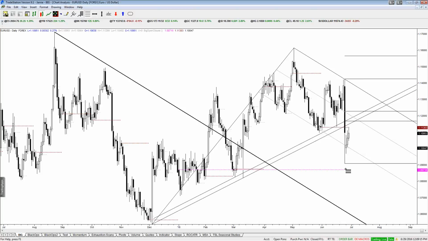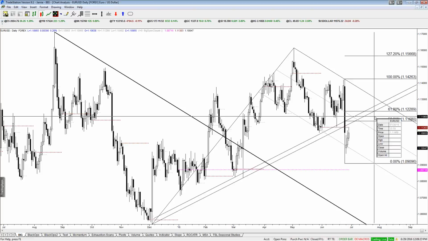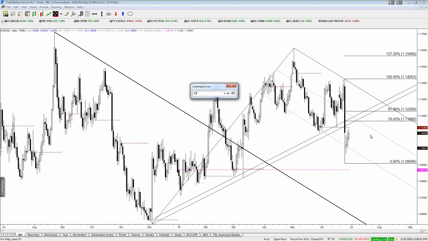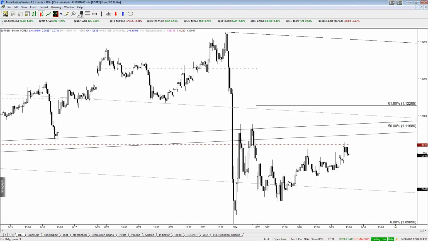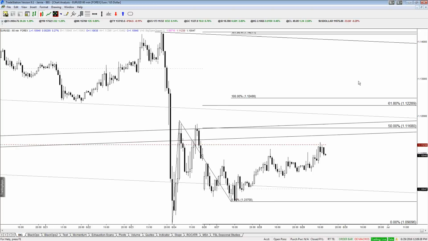And the 618 of the drop for 1426 is 112.29. If you zoom in to that chart, go say 60 minutes, you'll find that you have 2 equal legs, a little higher than that at 112.50.